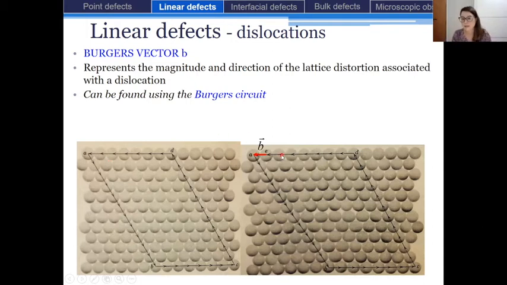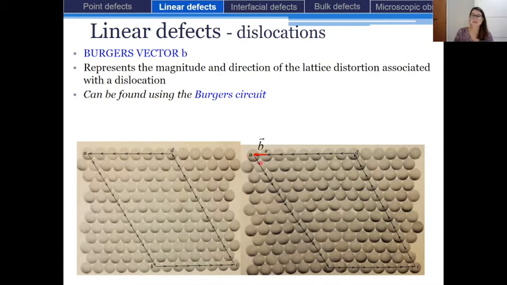In the second case, you can do the same, and you will see that in that case, the distance between A and B and C and D is the same, but the distance between B and C and D and A is different. So the distance D to A has one more step than the one from B to C. And so, in fact, this additional vector is what we call the Burgers vector.